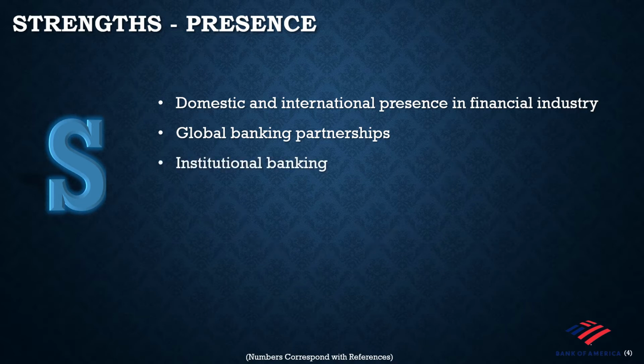There's also institutional banking. Institutional banking, both domestic and international, gives Bank of America the ability to provide for financial institutions and governments to both borrow money and house money in compliant and regulatory controlled ways.